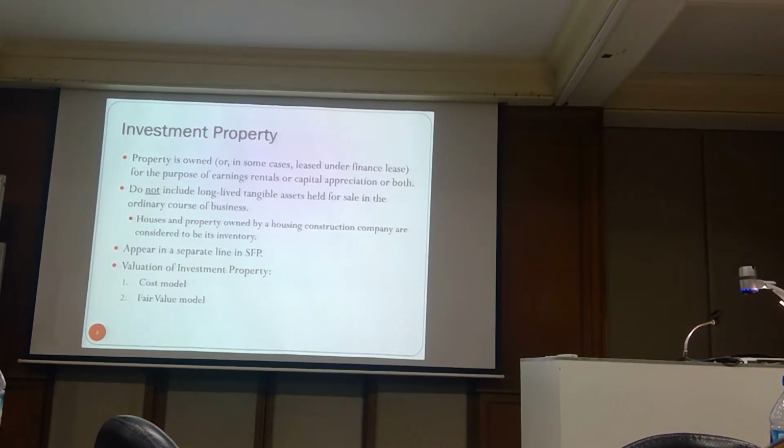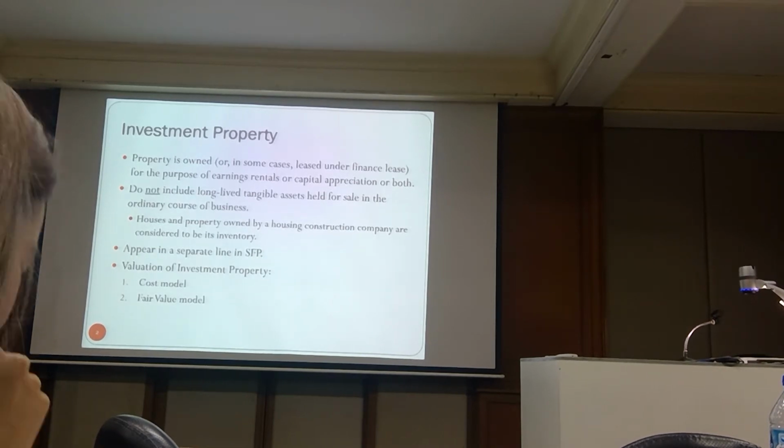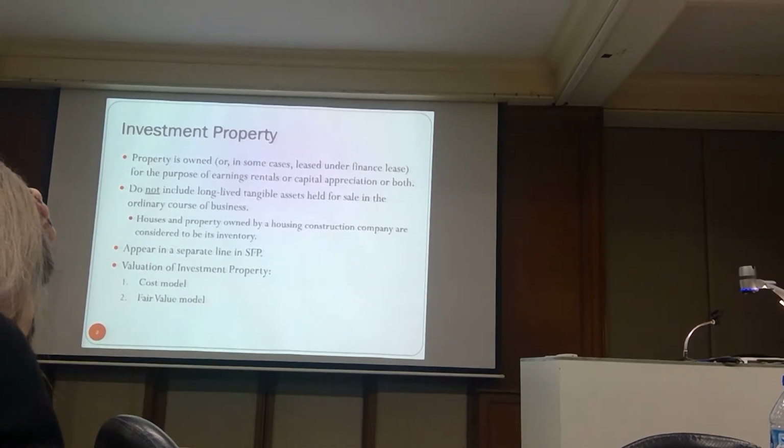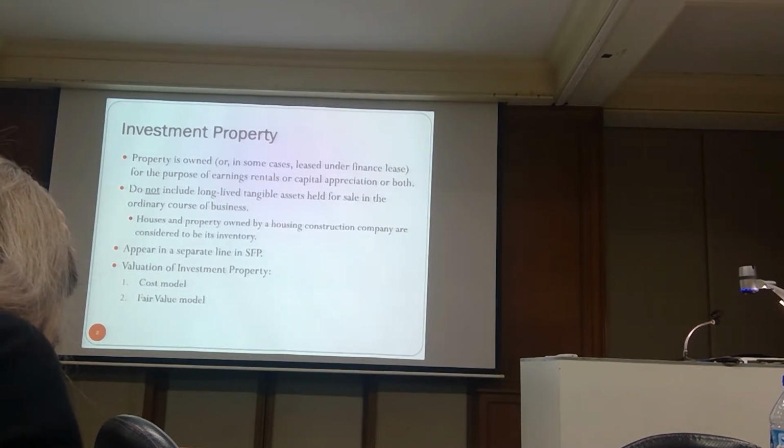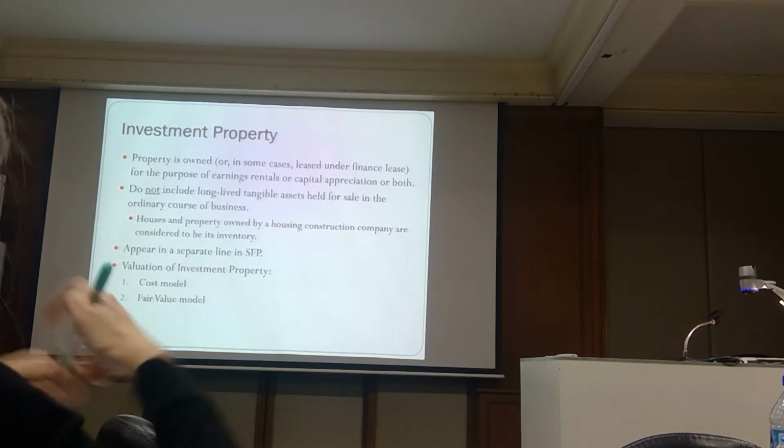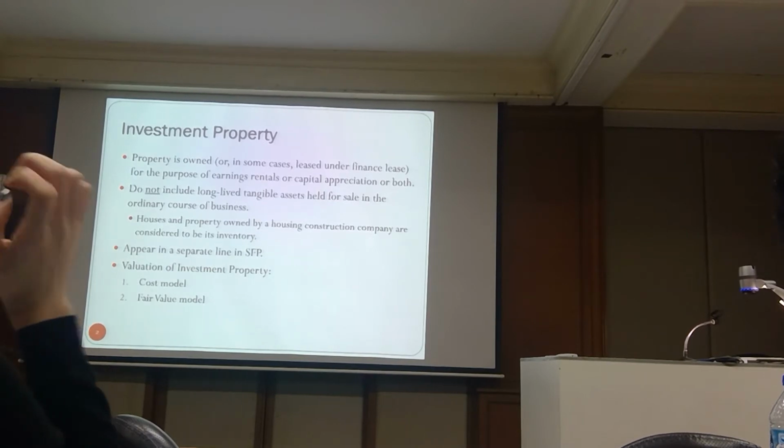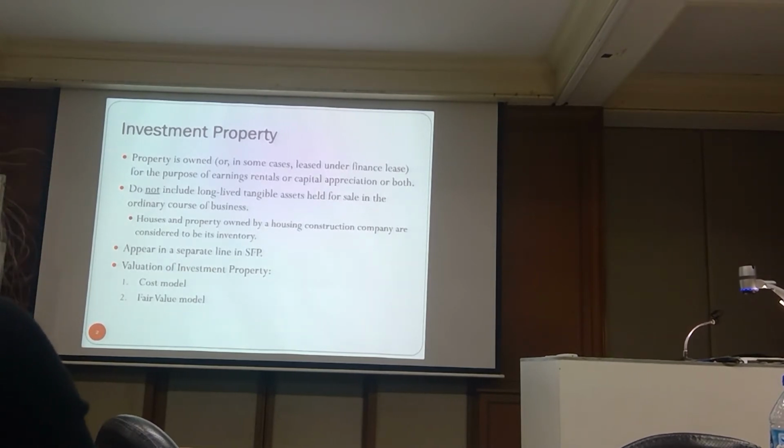I'm not going to get the revenue from main operation. I get it in the form of rent revenue. So your purpose changed from main operation to earning something else. So that land and that building we call investment property.